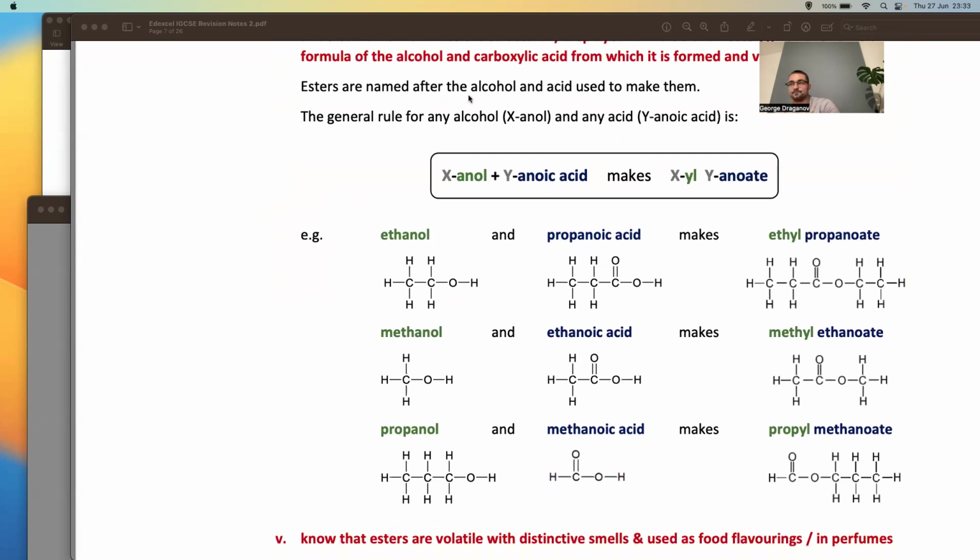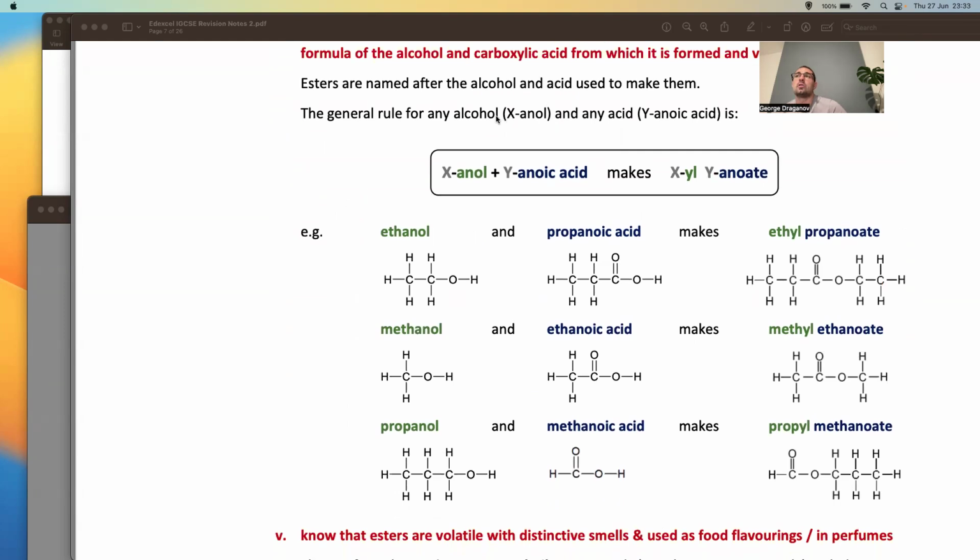Esters are named from the alcohol and acid used to form them, and the alcohol part is going to be the ol, and the acid part is the anoic acid. Now, when you combine them together, the alcohol part makes a yl ending, like ethyl, methyl. Then the ester part is oate.